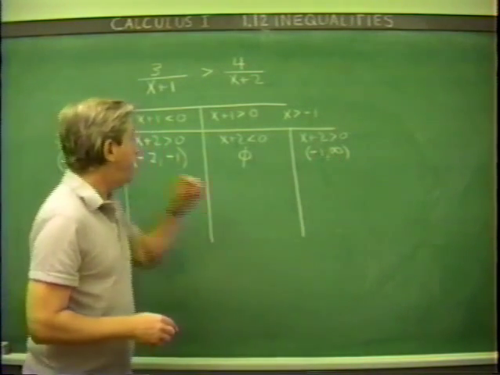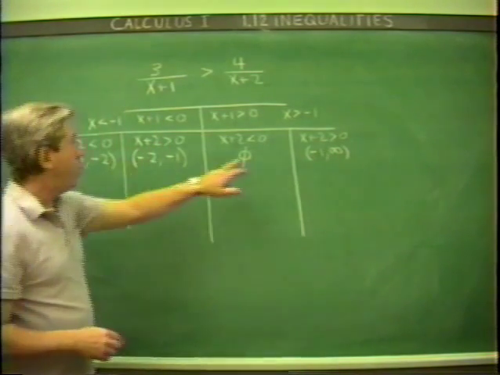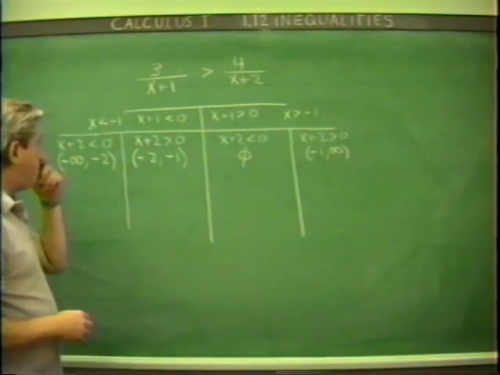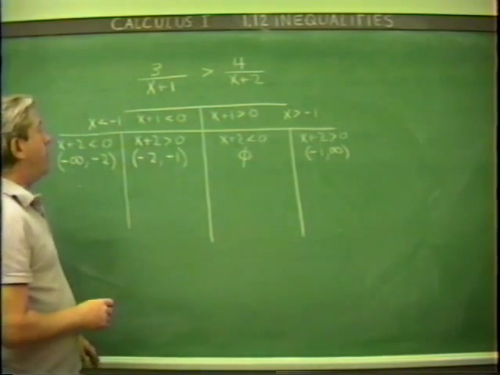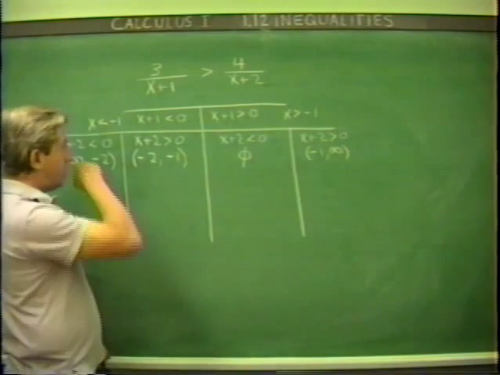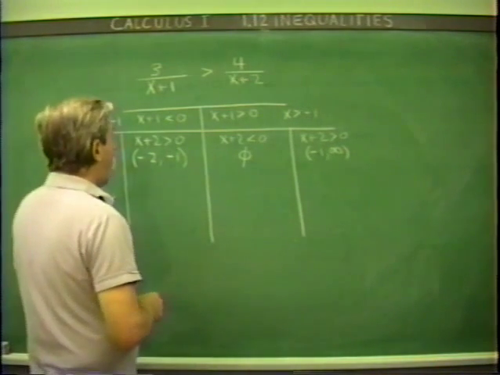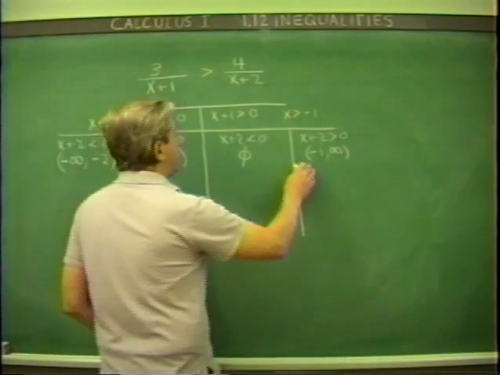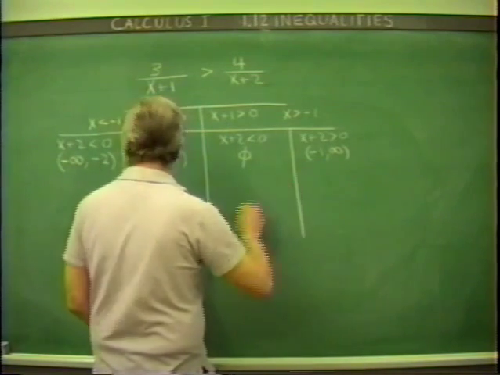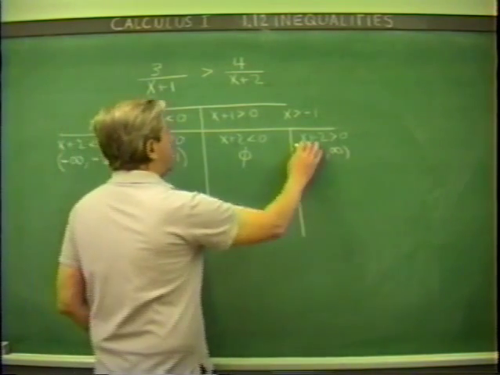Now we've divided up the line into three parts here. Minus infinity to minus 2, minus 2 to minus 1, and minus 1 to infinity. We've excluded minus 2, and we've excluded minus 1. We're going to consider these three cases then. Right?